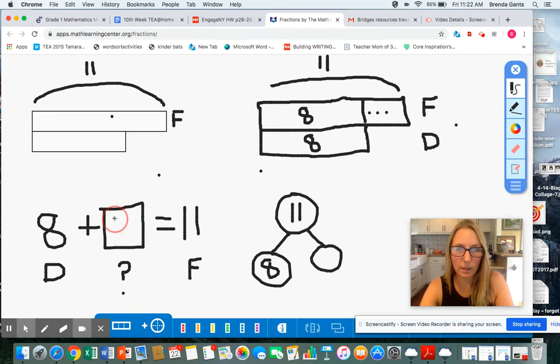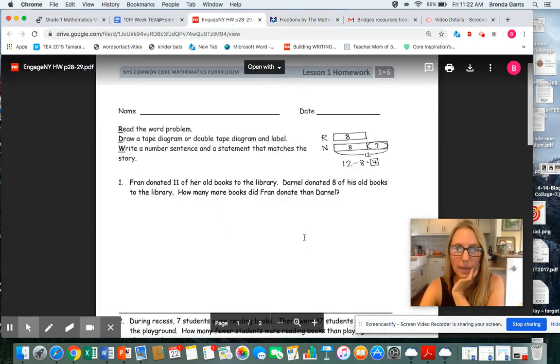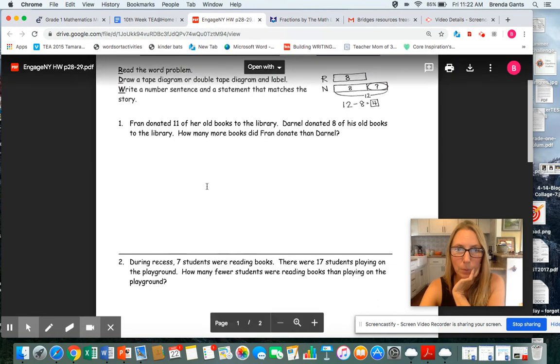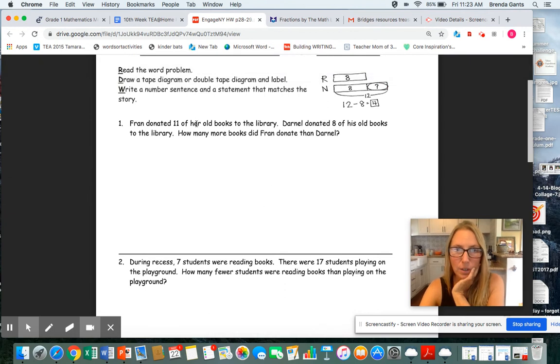And we already solved that the 2 parts of 11 would be an 8 and a 3. Okay, so we can solve there. So we would draw that here, and then we would write the number sentence. We'd write the equation here, and we'd write a sentence. It says, Fran donated 3 more books than Darnell.